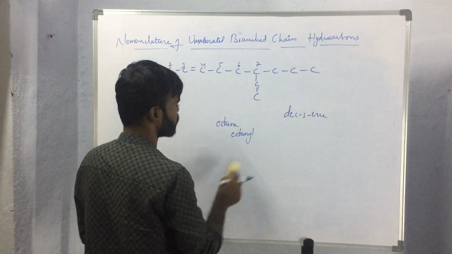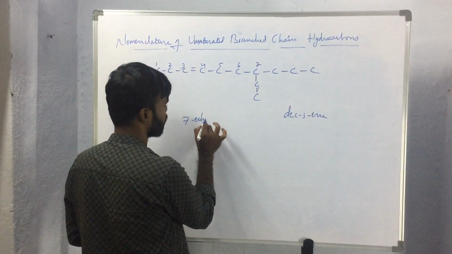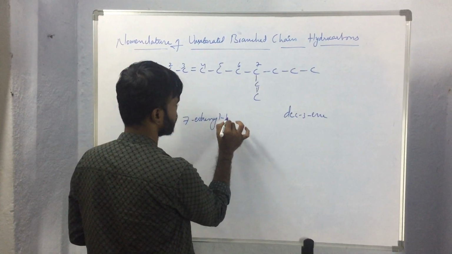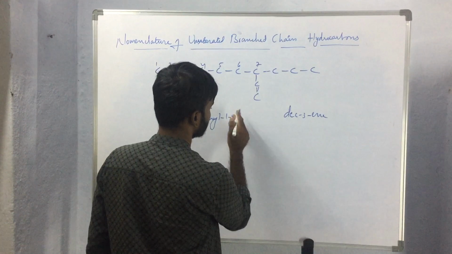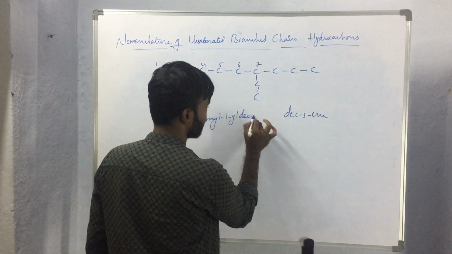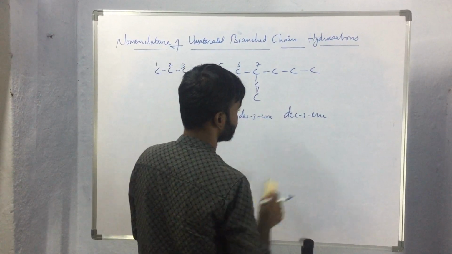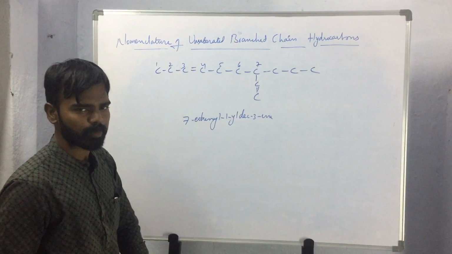So on the 7th position we have ethenyl substitution and the first carbon atom is bound directly to the parent chain. So 7-ethenyl-1-yl dec-3-ene. So this will be the name of the compound. Like this we will be naming the compound.